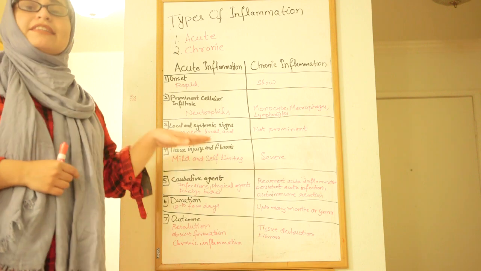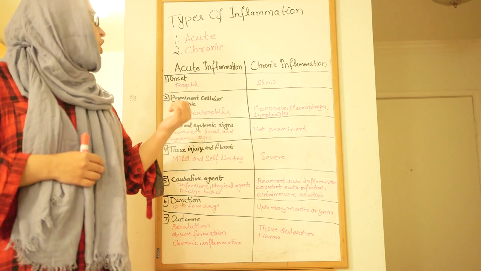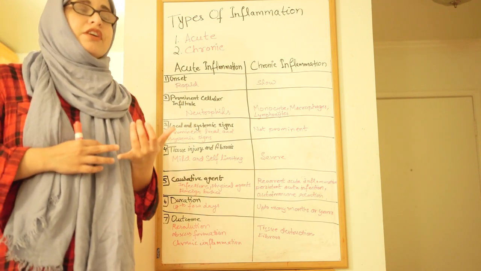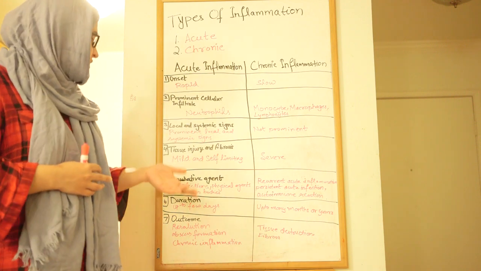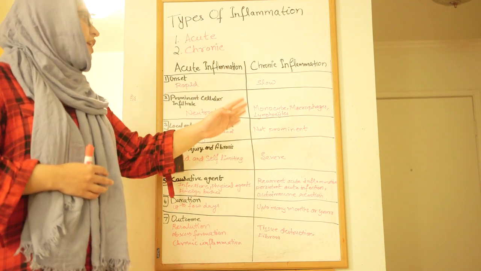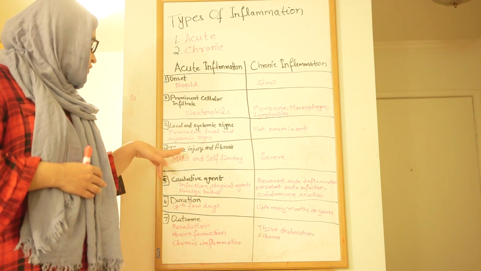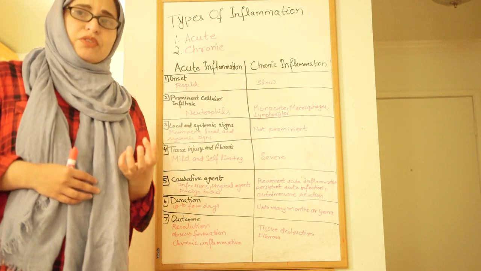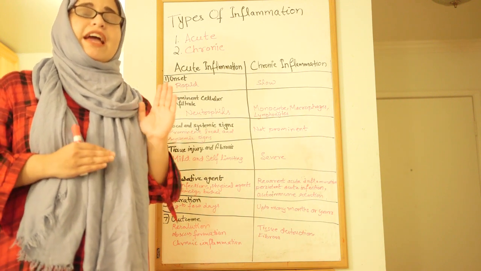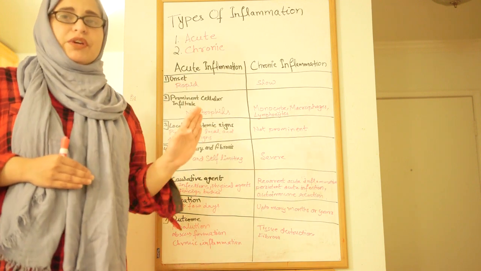Now the local and systemic signs are prominent in acute inflammation. What are the local and systemic signs? These are the rubor, dolor, calor. These signs are prominent in acute inflammation, but they are not prominent in chronic inflammation. Now, the tissue injury and fibrosis is mild and self-limiting in acute inflammation, but in chronic inflammation it is severe.